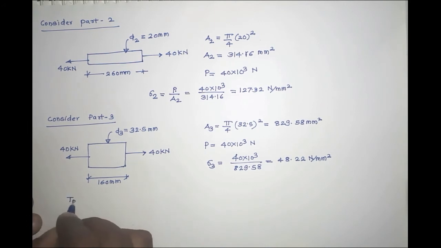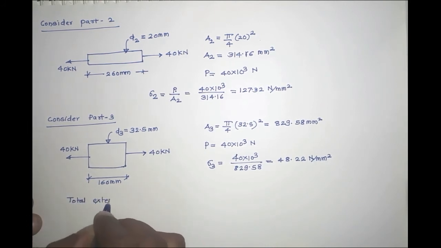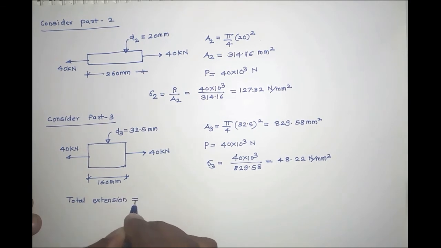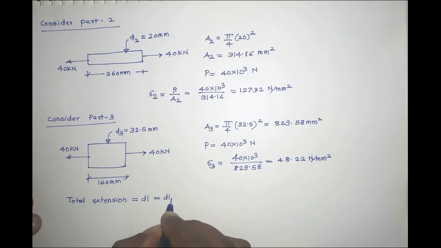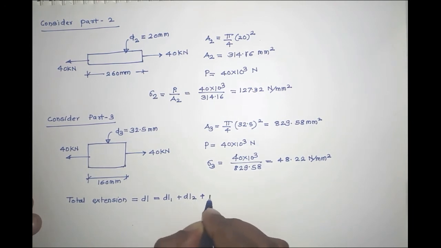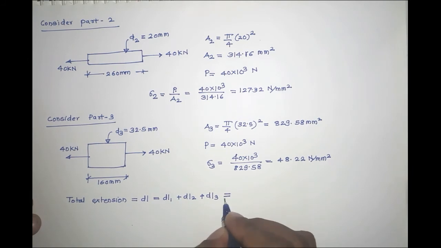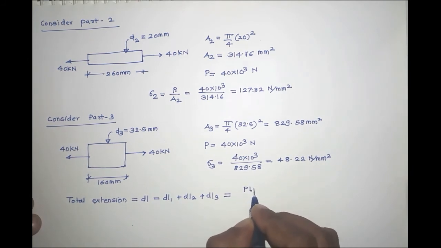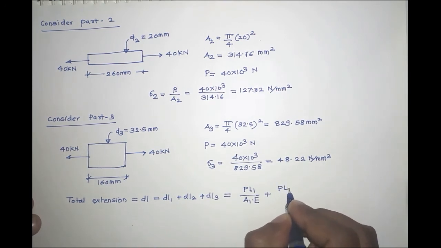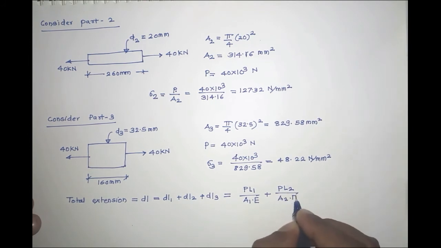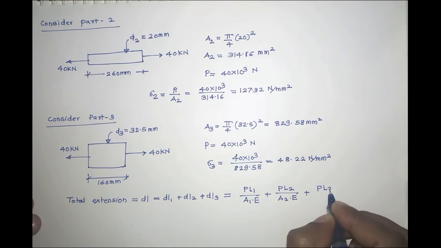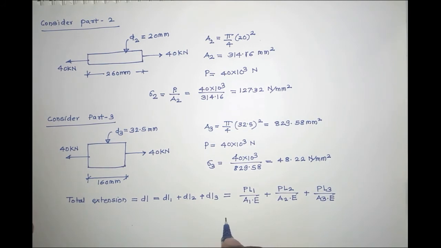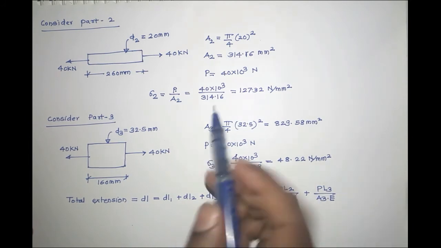The total extension dl is dl1 plus dl2 plus dl3, which is P L1 divided by A1 E, plus P L2 divided by A2 E, plus P L3 divided by A3 E. Remember that P upon A1, P upon A2 and P upon A3 we have already calculated.